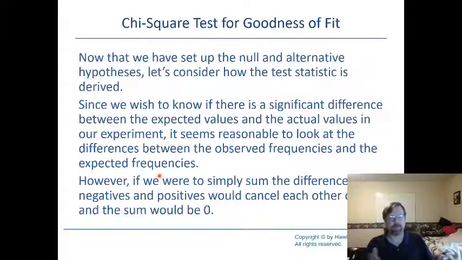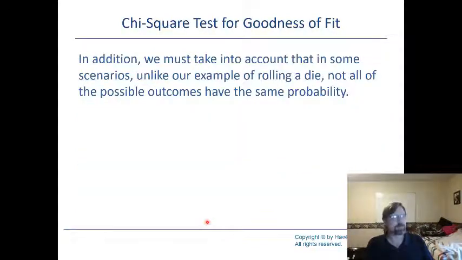Like with what we learned for calculating standard deviations, if we just add up all the differences, it's going to cancel out and we'll end up with a sum of 0. Sometimes we've also got to account for the fact that we have different probabilities for different outcomes.